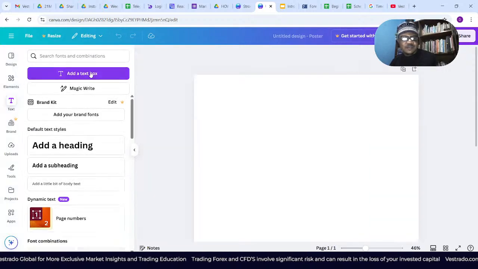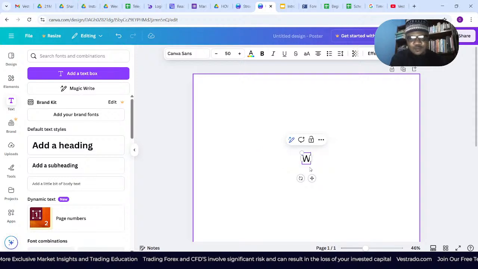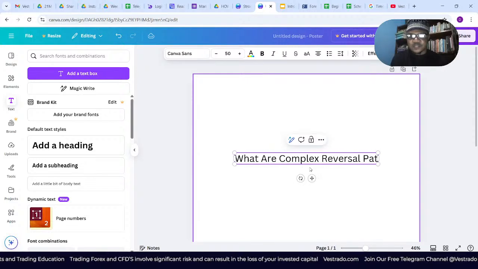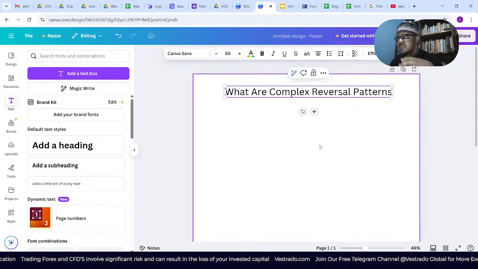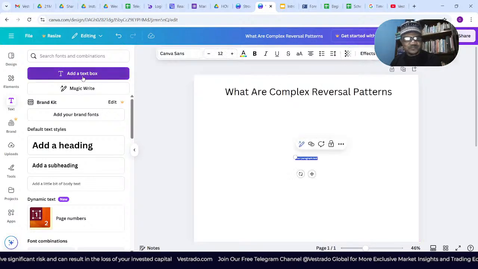So first off, we'll look at what complex reversal patterns are. We need to have a proper lowdown as to what this is before we go further. Let's get our context straight.